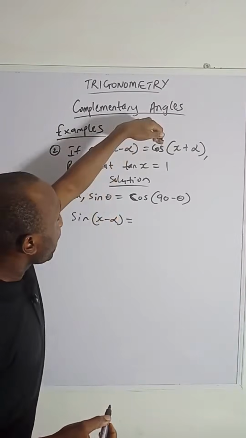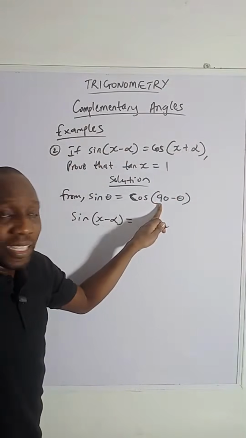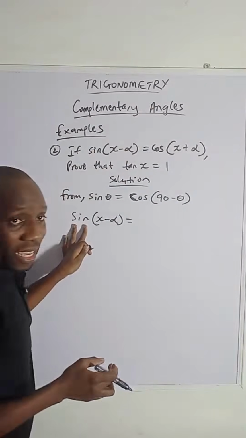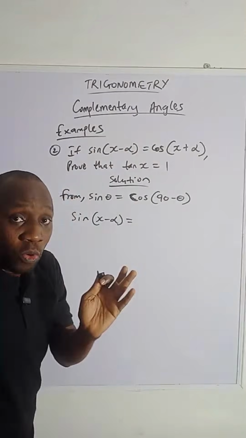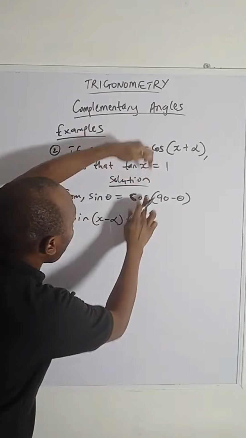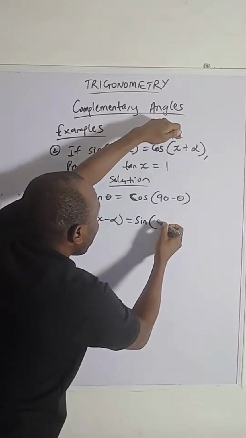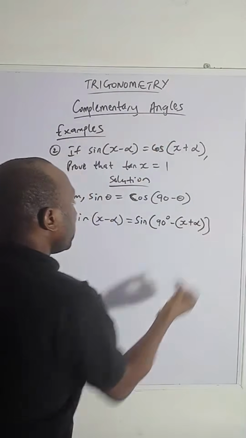If you change cos to sine, you must subtract this angle from 90 degrees as we have here. So let's change this cos to sine so that we have sine on this side and sine on the right hand side. I will just equate the angles. All right? You see that?